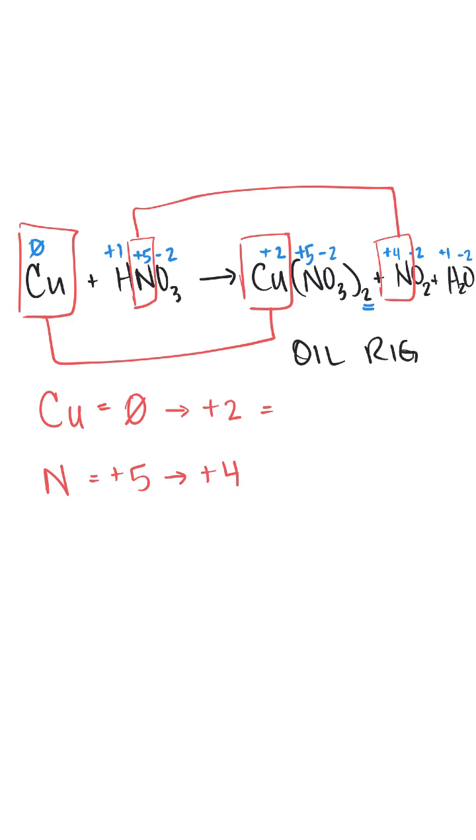So copper went from 0 to +2. So that means it became more positive, which is the only way to do that is losing electrons. So it lost 2 electrons, okay? And nitrogen went from +5 to +4, so it actually got more negative, which means that it gained 1 electron, okay? So now we can use our oil rig. Oxidation is losing, so that means that copper was oxidized.